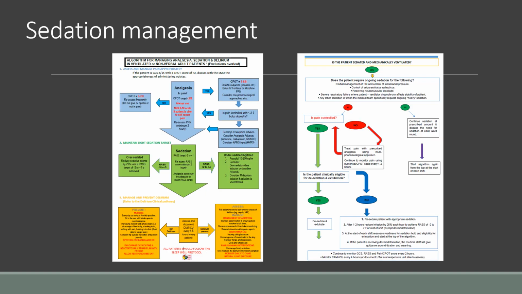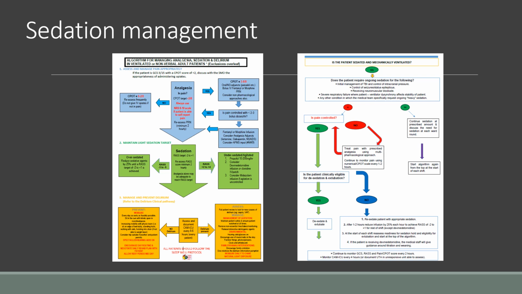So sedation management, I know I've mentioned a couple of times and I'm going to mention it again. These are 2 algorithms that are in the red folders by your bedside in the drawers. And this is how we should manage our patients' sedation, how we manage their analgesia and how we manage delirium. This was part of a delirium project that Lindsay developed a few years ago.